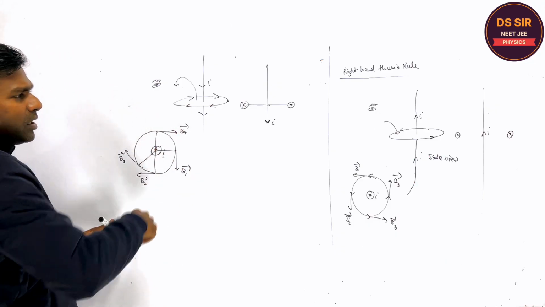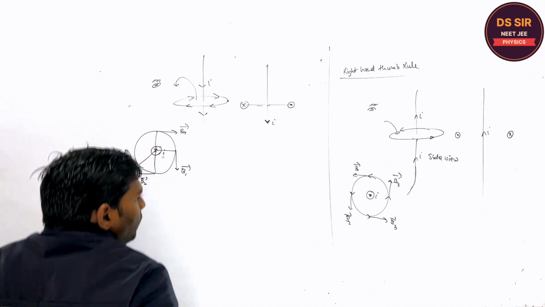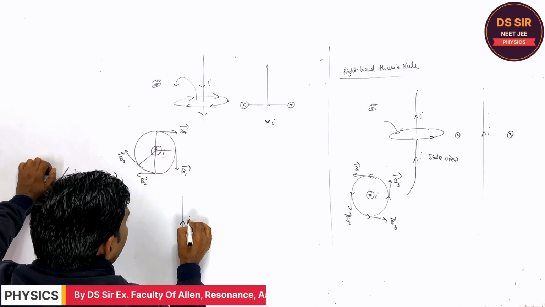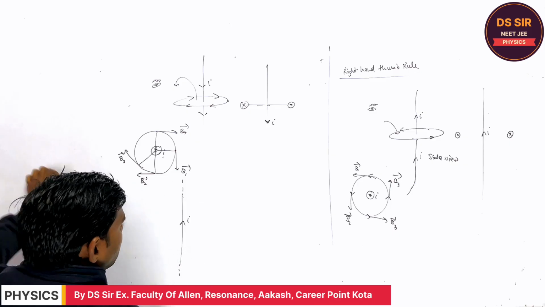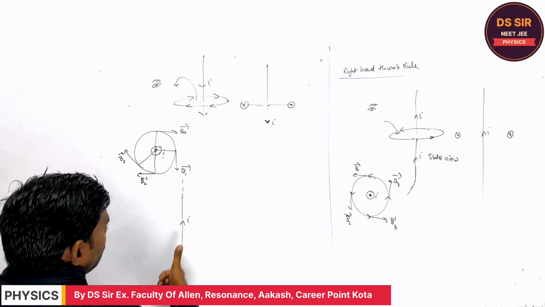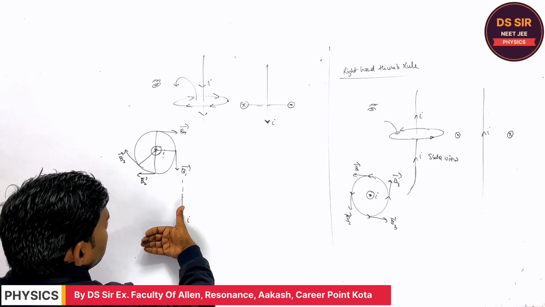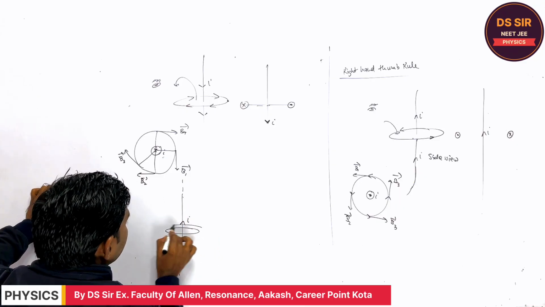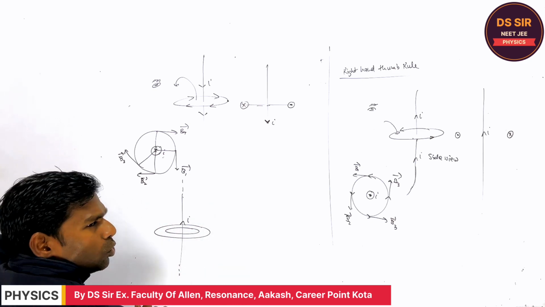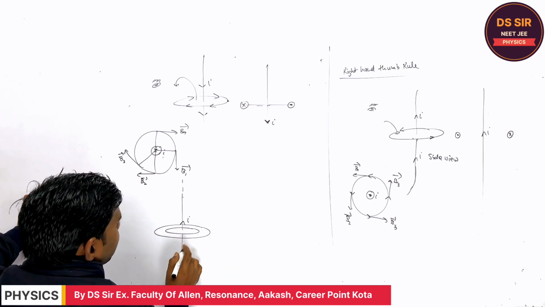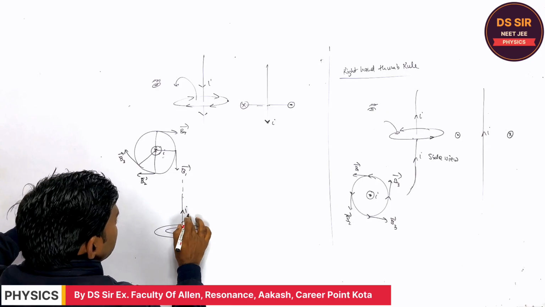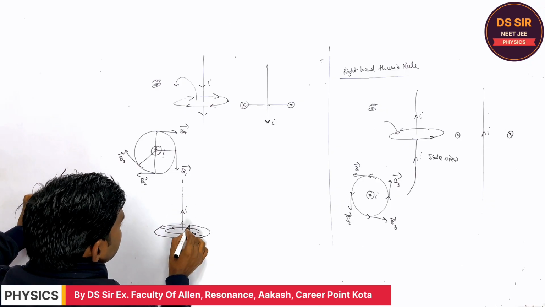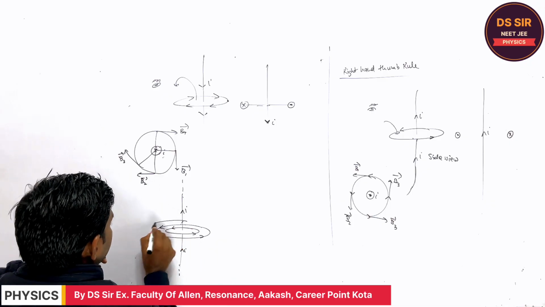Also, listen to one thing. If you consider this is the wire, and it is an infinite current carrying wire, take your right hand. The current is out of the board on this side, into the board on this side. The magnetic field always forms closed loops. I will explain this in magnetism. So they form closed loops like this, and like this.